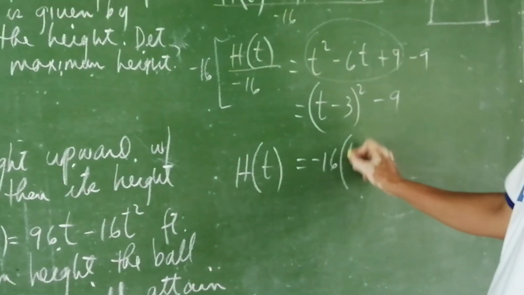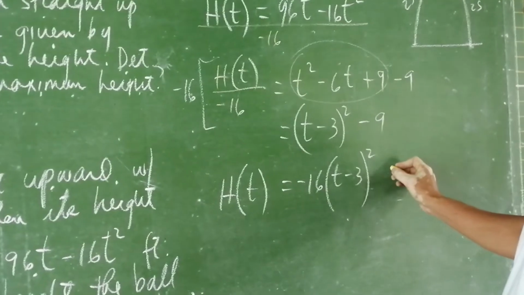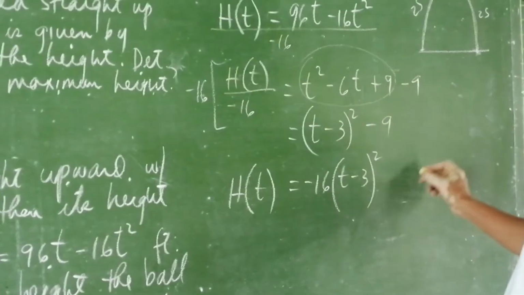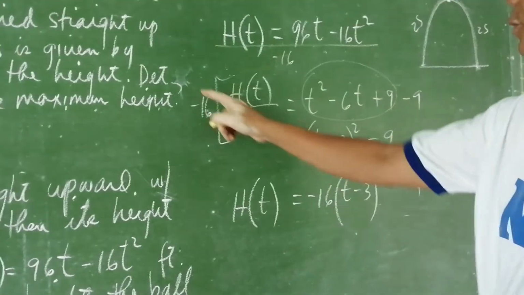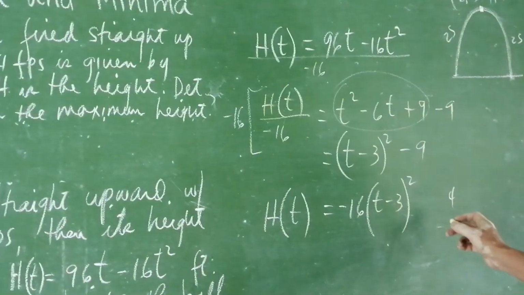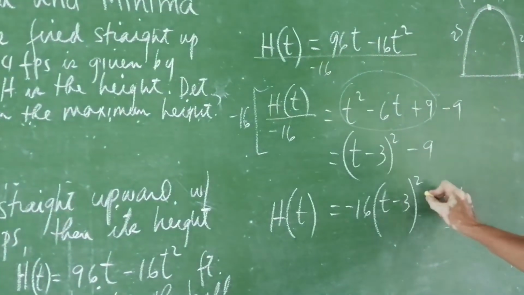negative 16 times t minus 3 squared, and you multiply: negative 16 times negative 9 is 144, and it will be positive.